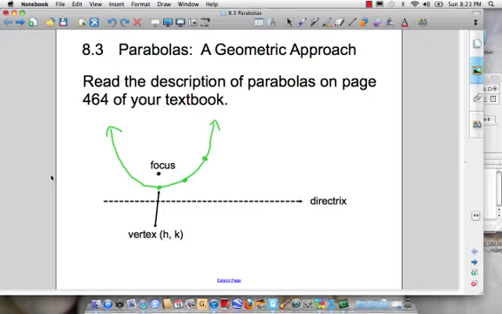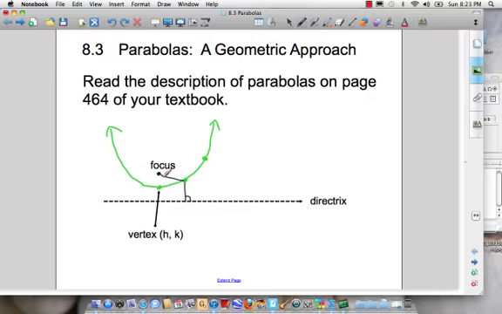In a nutshell, the definition or locus of a parabola is that the distance of any point to the focus is equal to the distance of that point to the directrix, and that's always measured perpendicular. The vertex is halfway between.